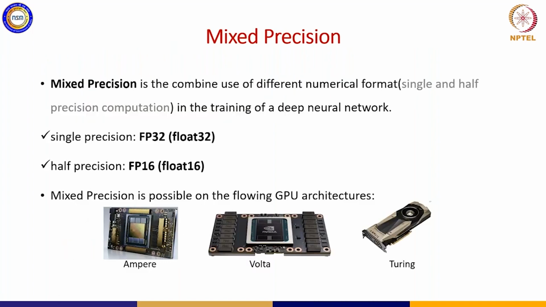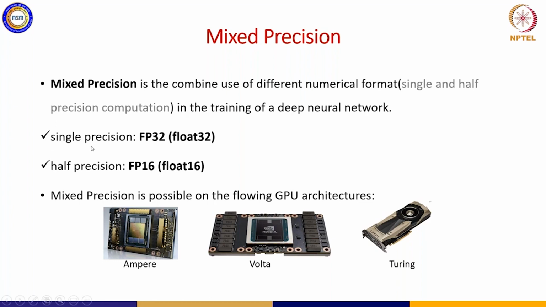What do we refer to as mixed precision? Mixed precision is using different numerical formats. With respect to deep learning, we can say mixed precision is the use of single and half precision for computation during the training of a deep neural network. What do we refer to as single precision?